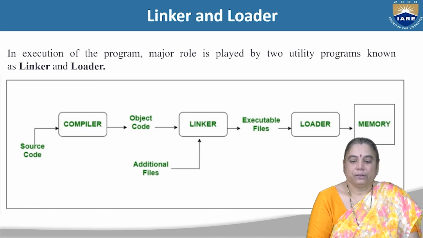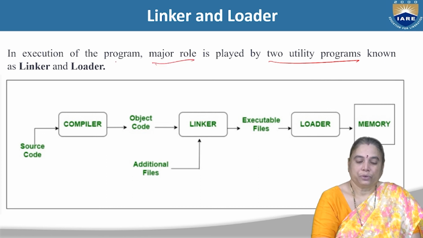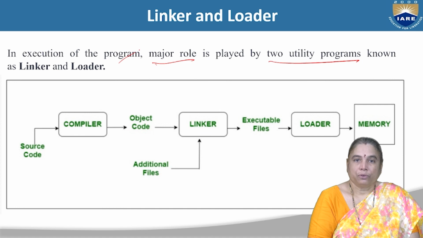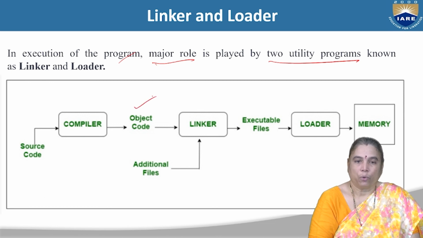Now, what are this linker and loader? In the execution of the program, the linker and loader are the two utility programs. They play the major role during the execution of the program. So what is the source code? That code can be compiled. After compilation, it has to produce the object code.